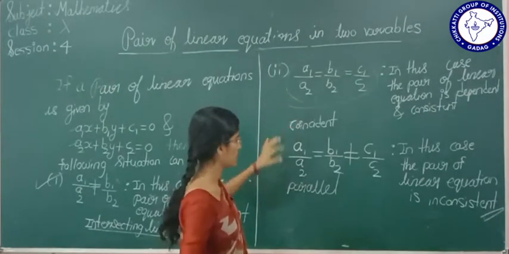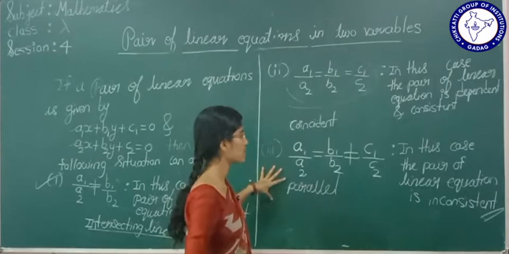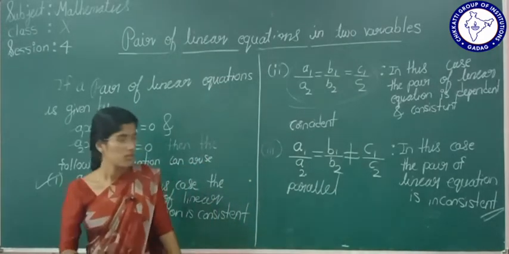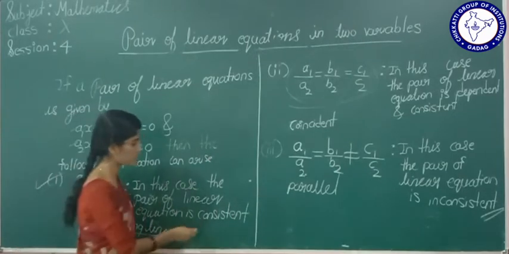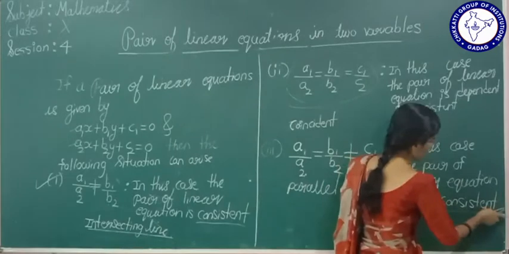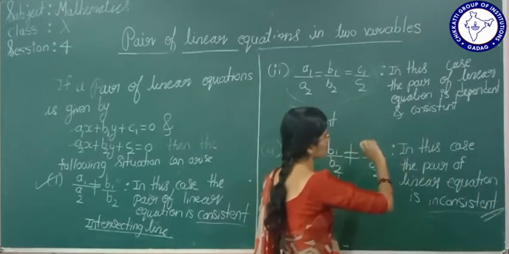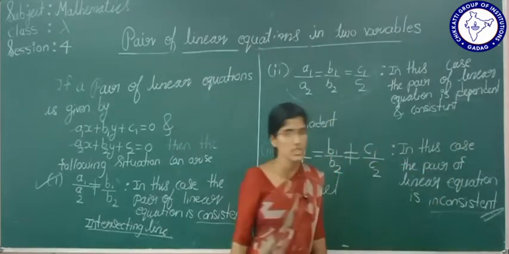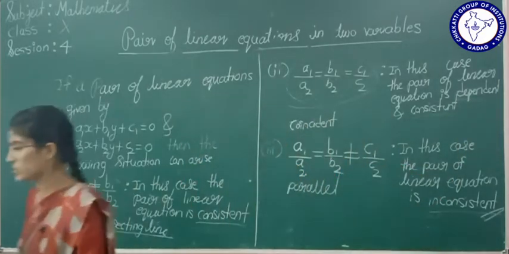Parallel lines have no solution. With a unique solution it is consistent. With no solution it is inconsistent. With infinitely many solutions the pair is dependent and consistent. So based on this we are going to solve problems.